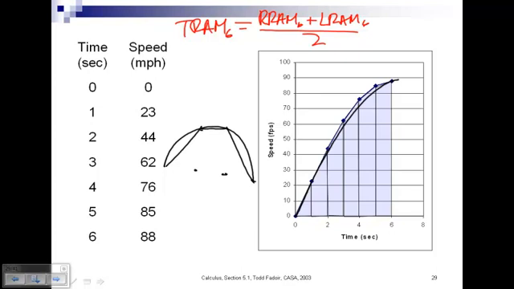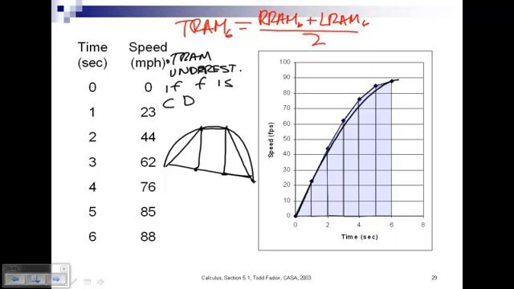Would you say, based on these 3 trapezoids, that I've overestimated or underestimated the area under that curve? Underestimated. So, TRAM underestimates if F is concave down.